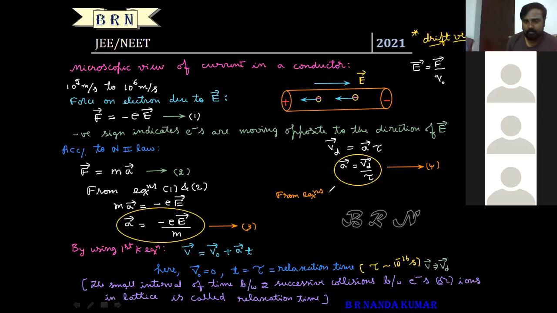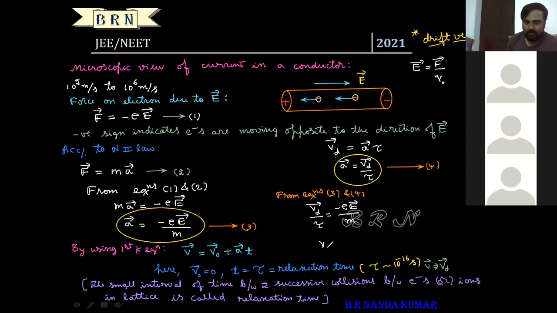Now from equations 3 and 4, observe the two equations. A vector is equal to minus e vector by m. A vector is equal to vd vector by tau. LHS sides are the same, so we can equate the RHS sides. So what do we get? vd vector divided by tau is equal to minus e vector divided by m.